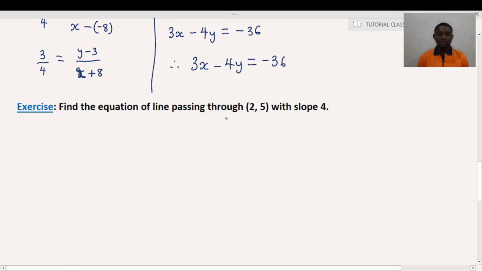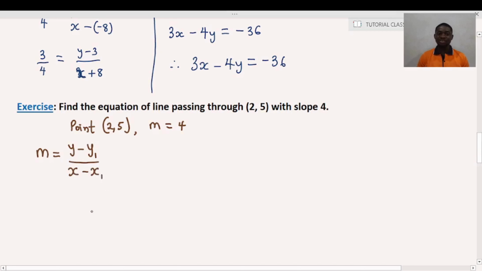So from what we have here, passing through the point, we have the point (2, 5), and we have the slope, the gradient, given to us as 4. So when we have a point and gradient given to us, to obtain the equation of the line, we make use of the slope, that is, the gradient equals (y minus y1) over (x minus x1).